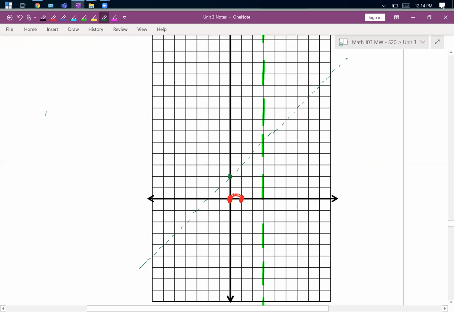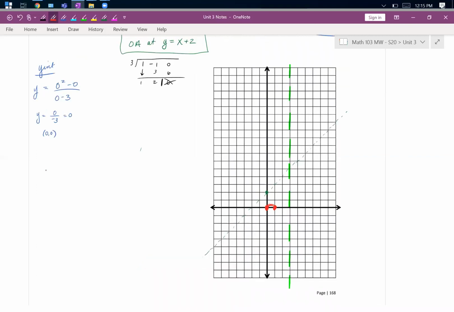I'm going to go 1, 2. Maybe like -3. I'm going to go a little further out than that. So maybe like -3, -6, and +2 for this middle part. -6, -3, and +2.